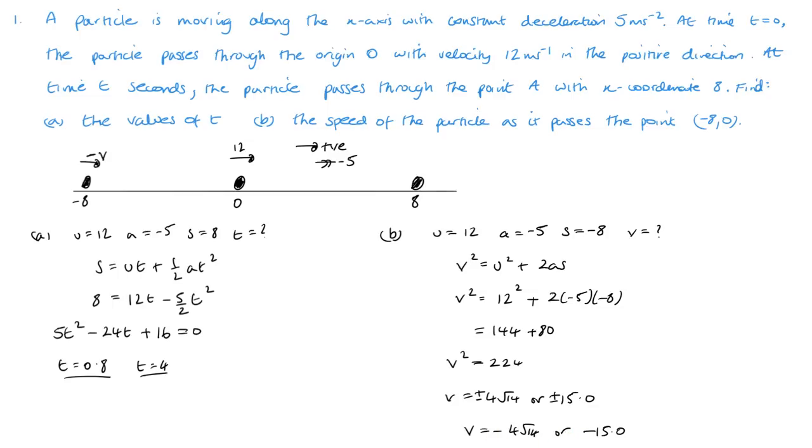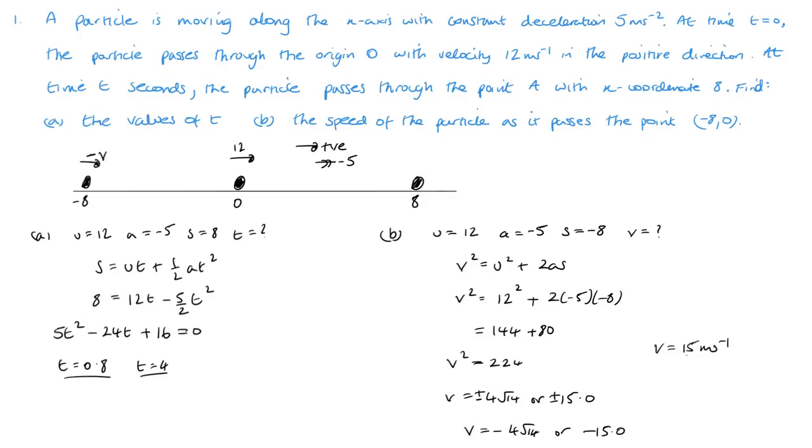So you could say v equals 15 meters per second in the direction towards minus 8, something like that, just to say which direction you go in if you want to.